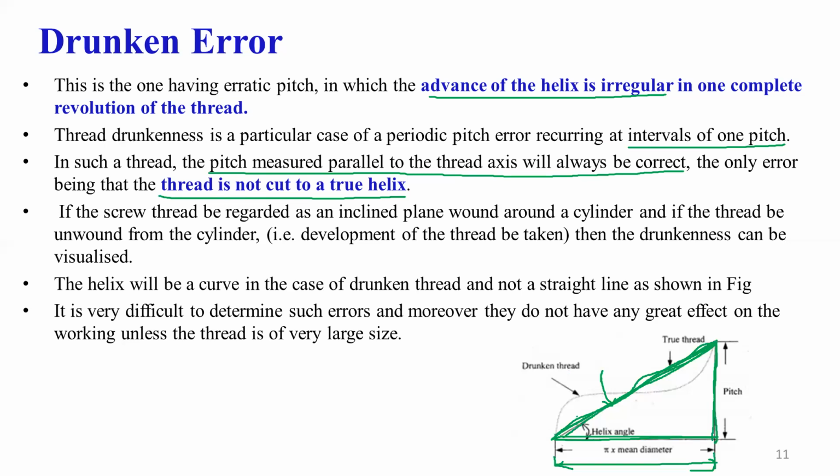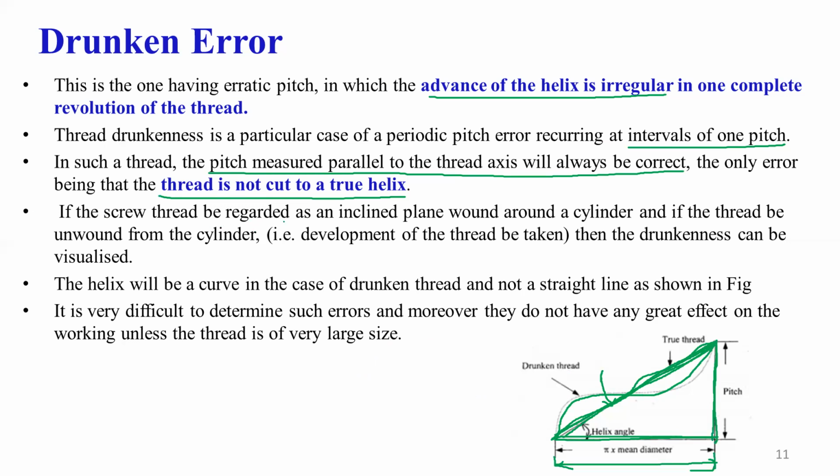Suppose when we make the development of the screw thread, we obtain a shape like this, instead of a straight line, so that indicates the drunkenness.